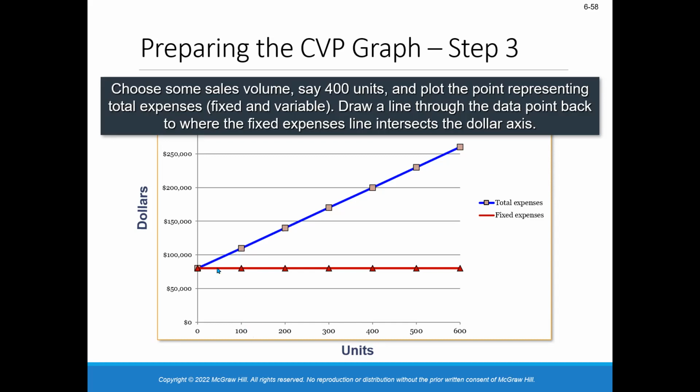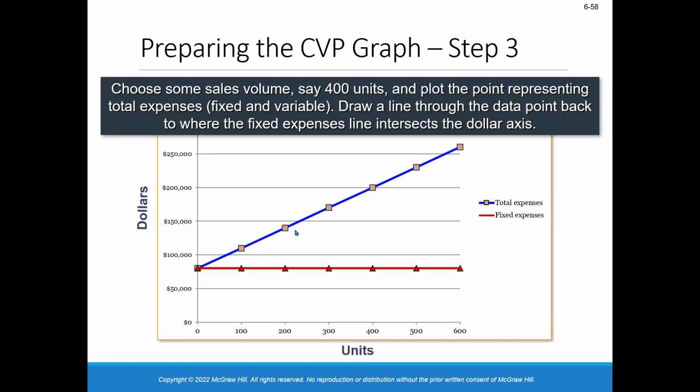The angle of the total expense line is not random, or just something I draw randomly here. It should correspond to the steepness of the variable cost per unit. In our case, for a 1 unit increase, the cost increase is $300. That gives you an idea of how large this angle should be.